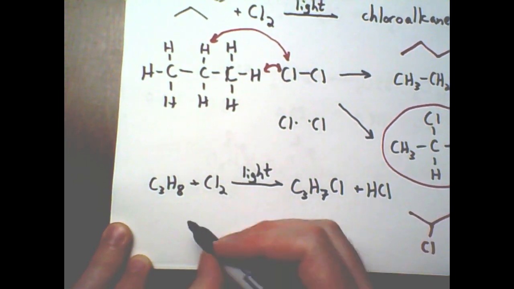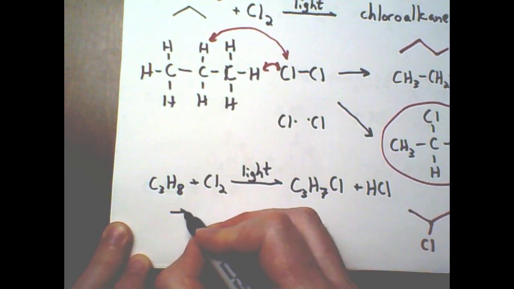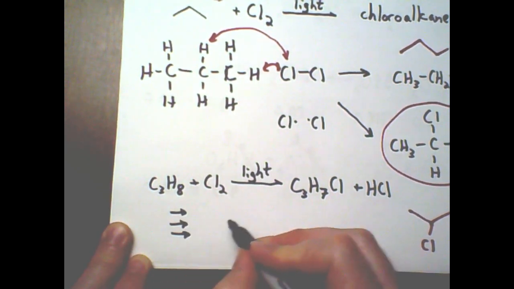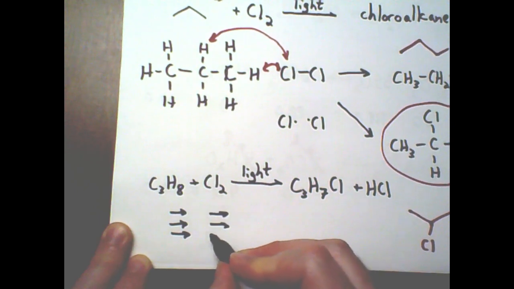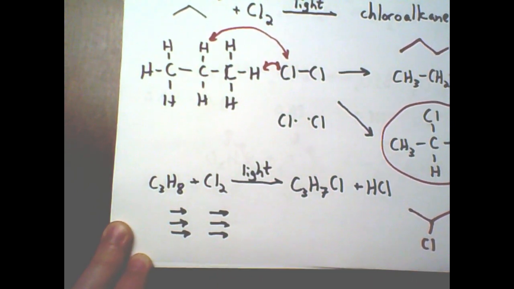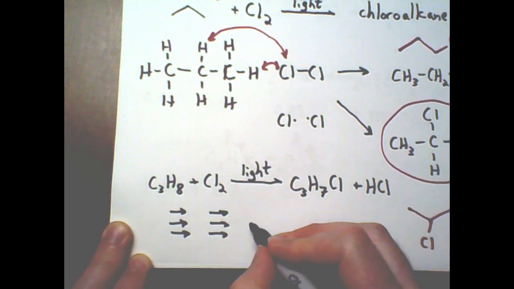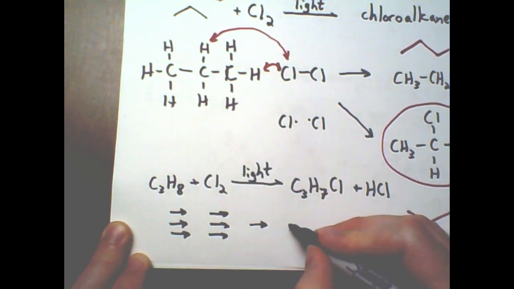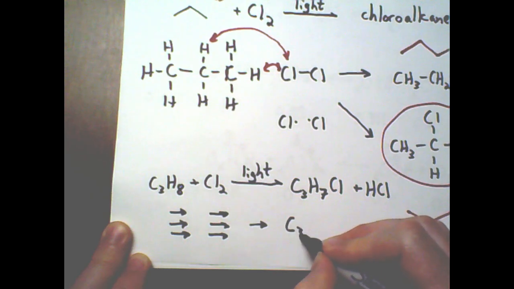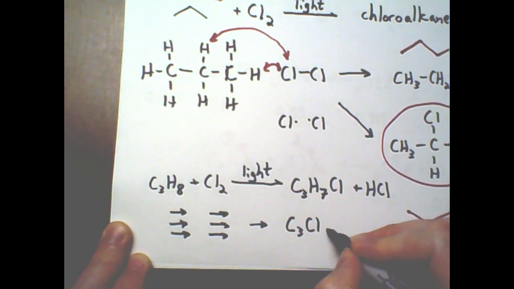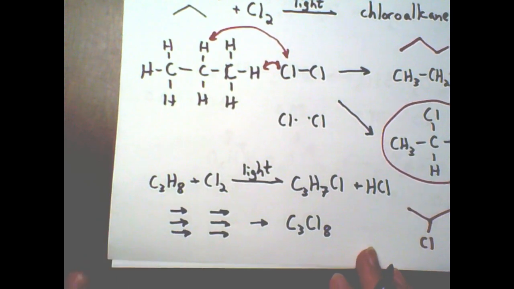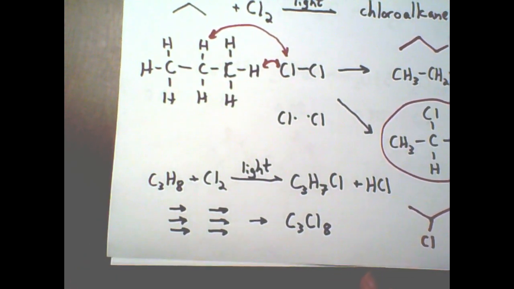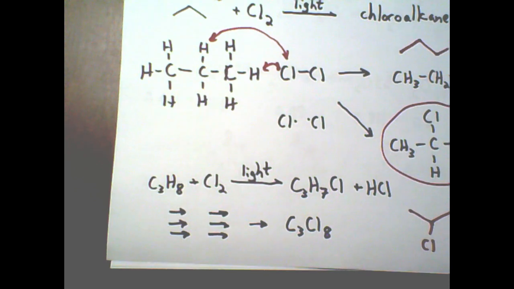Now you could repeat this reaction over and over and over and over, and how many more times? 7 more times, and eventually get C3Cl8. So you can have different amounts of halogenation of alkanes through a reaction like this.